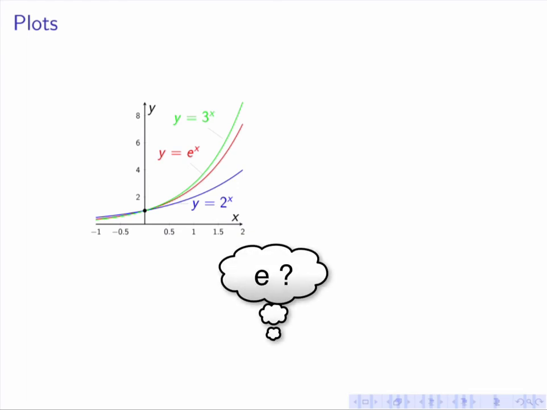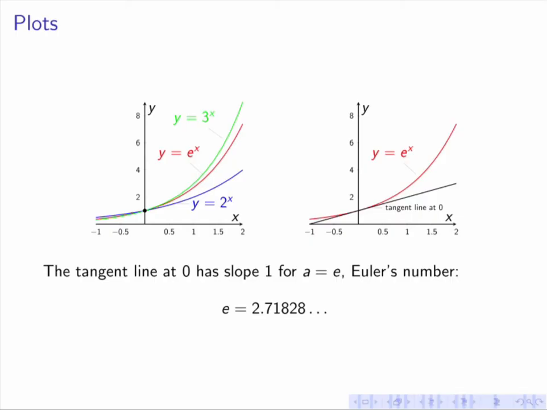And why do I always worry about this e? This function is really particular because it has a slope 1 at 0. So let's look at the next picture. Here I show the function y is e to the x, and then the tangent line at the point 0, 1. And the slope of this tangent line is exactly 1.